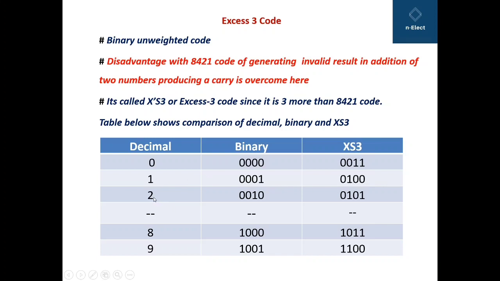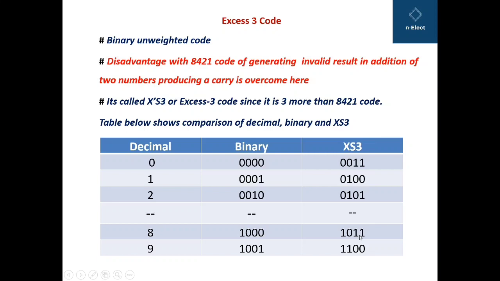The XS3 code of 2 will be 2 plus 3, 5, so I will get 0101. As far as 8 is concerned, in binary it is represented as 1000, while in XS3 code, 8 plus 3 is 11, and here the 11 will be directly converted into 1011.